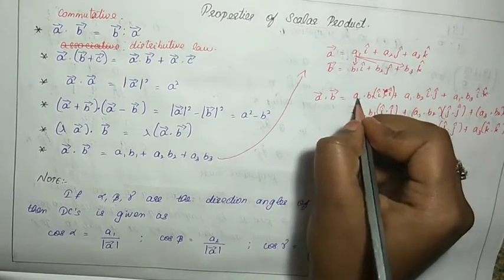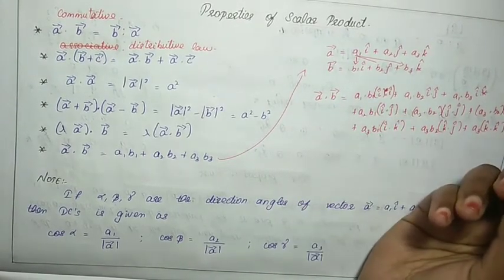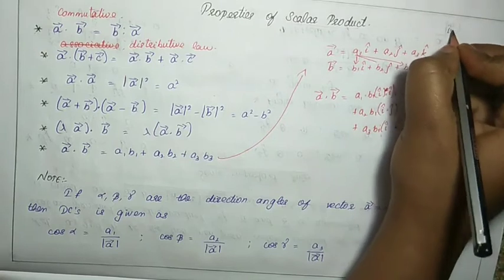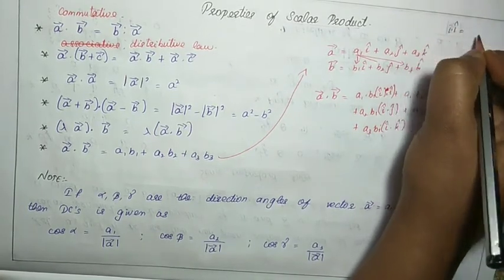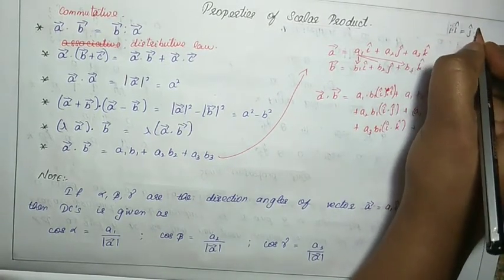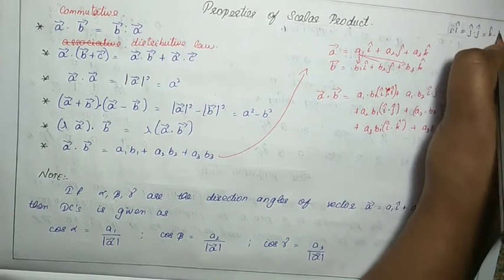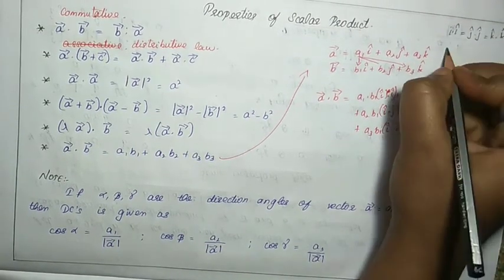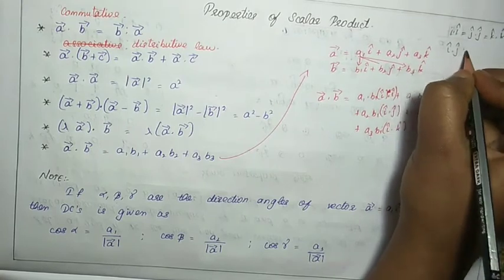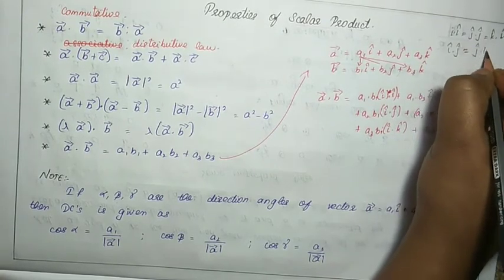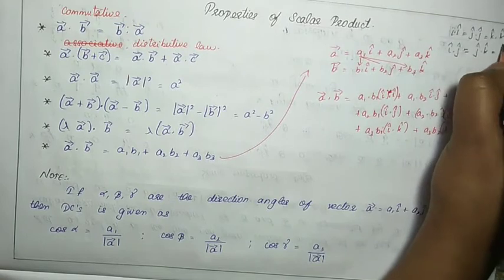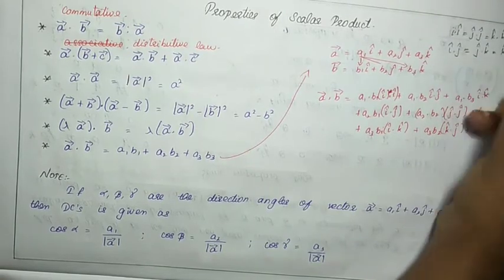As I said in the previous video, i cap dot i cap equals j cap dot j cap equals k cap dot k cap equals 1, and i cap dot j cap equals j cap dot k cap equals k cap dot i cap equals 0.